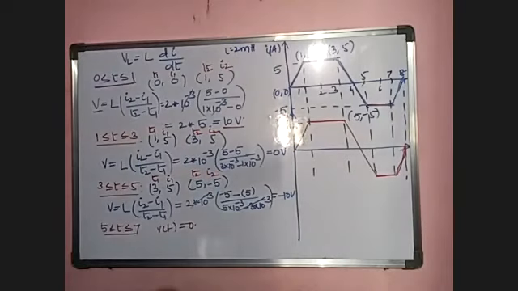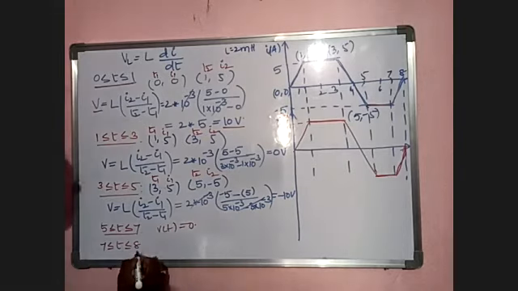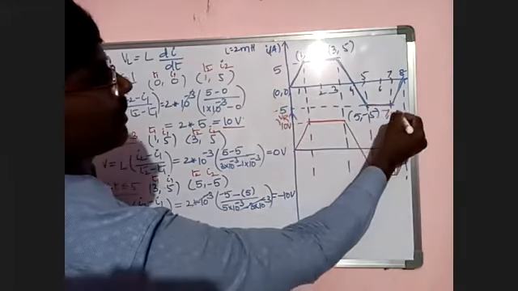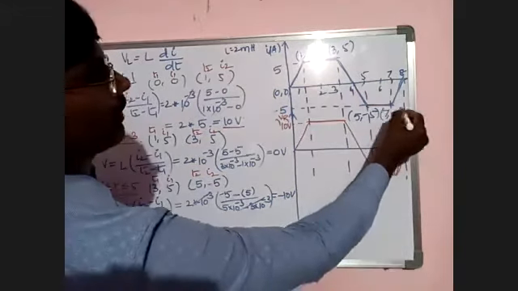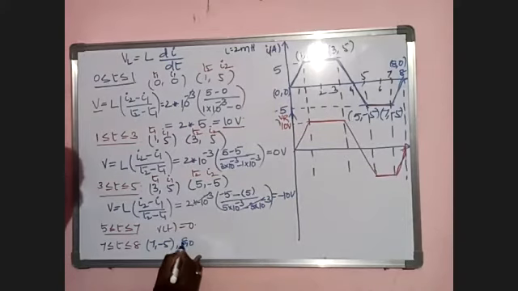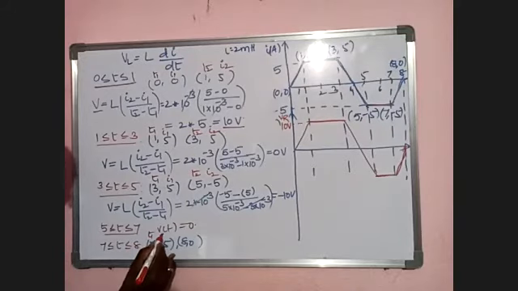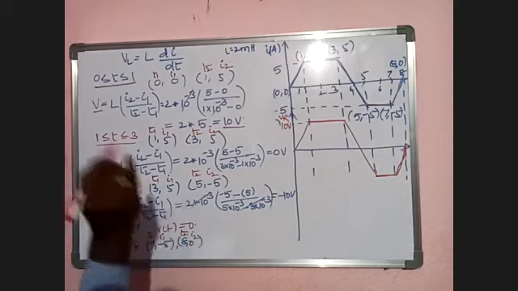Then you go to the last interval, 7 less than or equal to t less than or equal to 8. Here, the two endpoints are 7 comma minus 5 and 8 comma 0. So T1, I1, T2, I2.